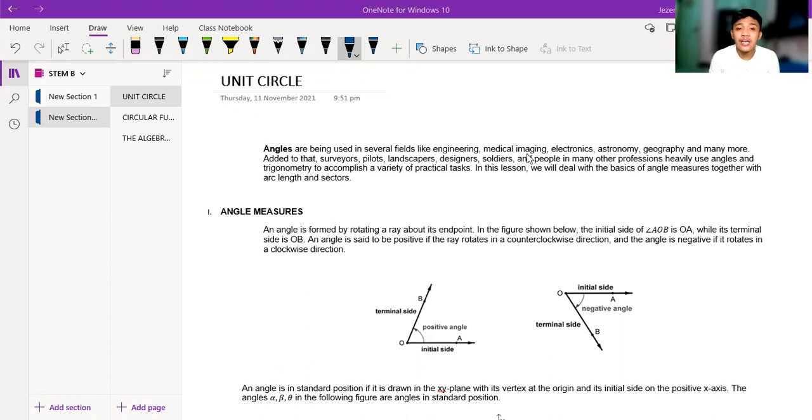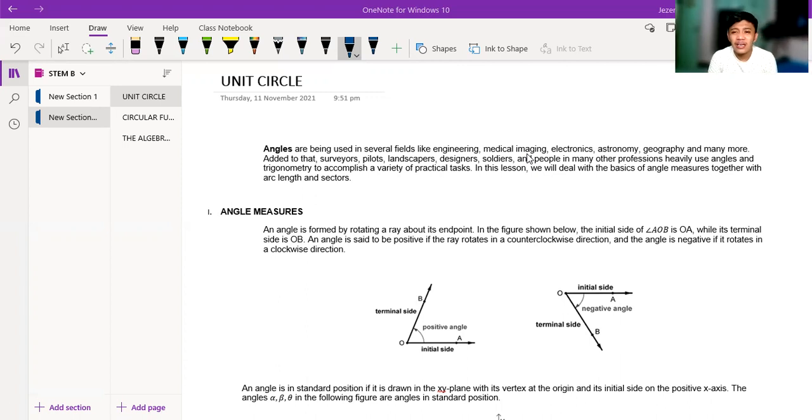Okay? First, angles. What is angles? Or let's define first angles. Angles are being used in several fields like engineering. So, di ba, may mga angles tayo. Especially kapag civil yung kukuhanin nyo in the future. Kung sukat-sukat ka ng daan, ng lupa, ng bahay. Yun. So, that's an angle.